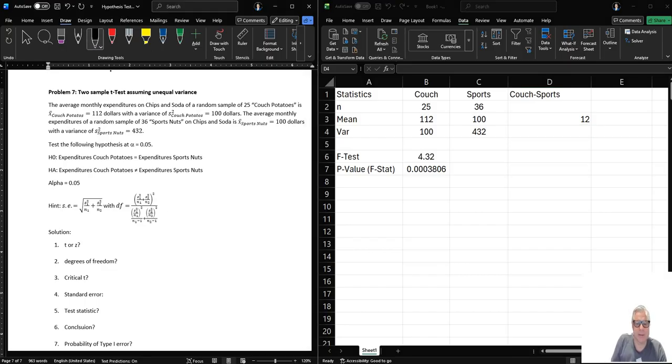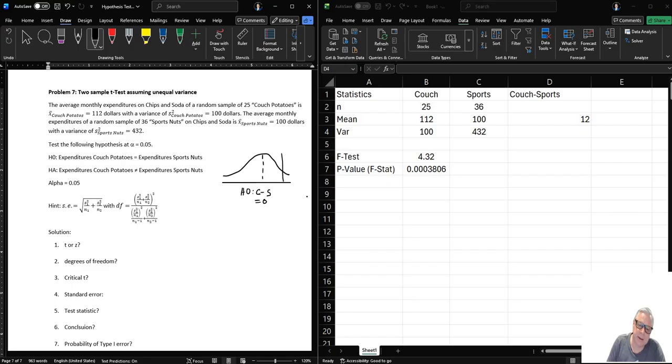So for our sampling distribution, we still need to calculate the standard error and the degrees of freedom. And for this we have to use this formula. But just the intuition of the test, we have a sampling distribution and we assume that our H0 is that couch minus sports is equal to 0.